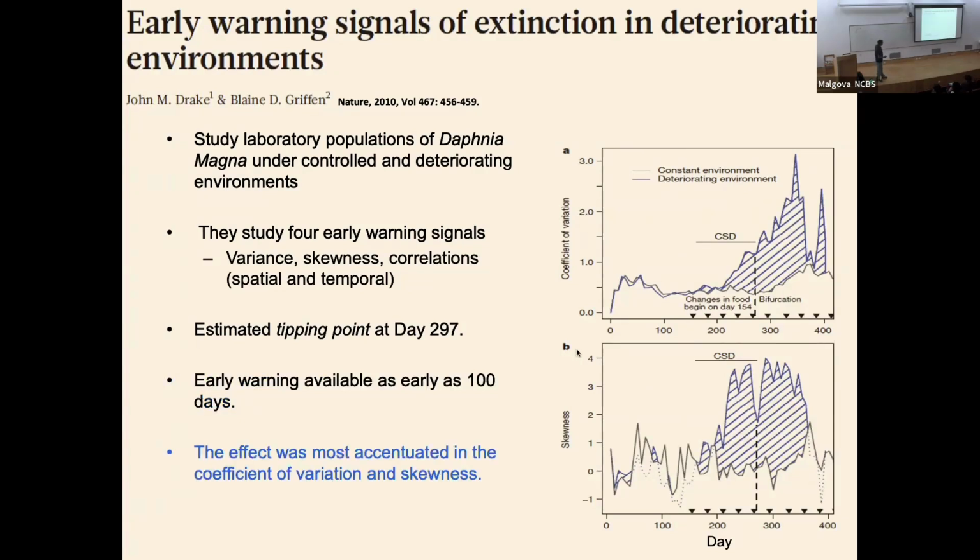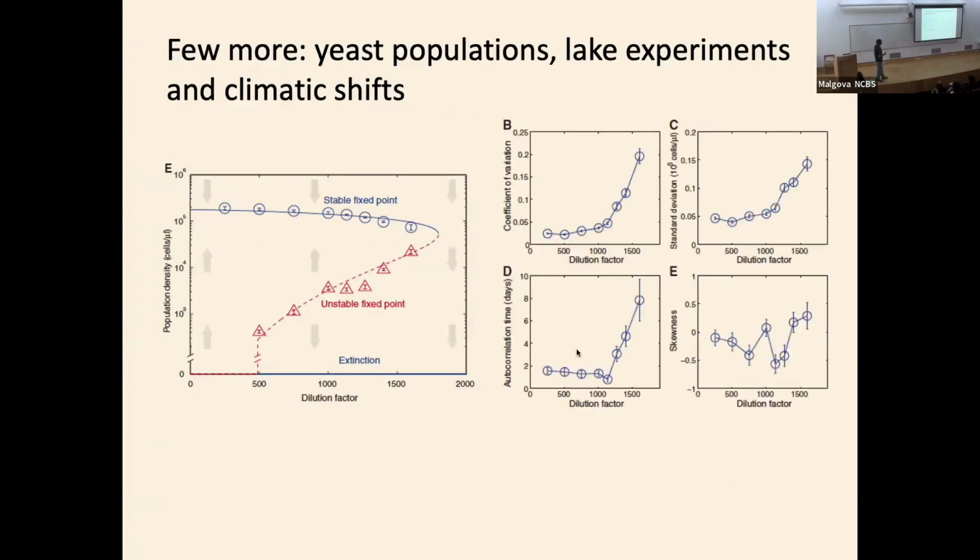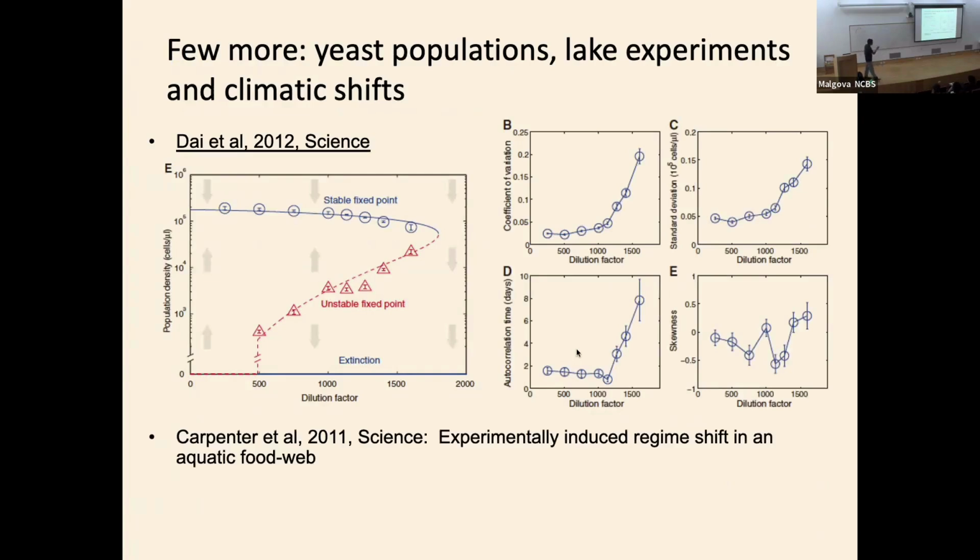There is another paper, an amazing paper, because here is an empirically constructed bifurcation diagram which looks so much like what we do in the model. So even in that, they find similar results. These experiments were done with yeast; the previous experiments were done with Daphnia.